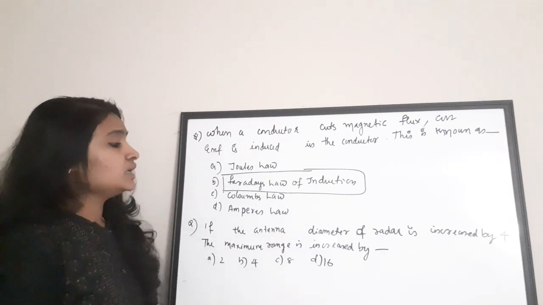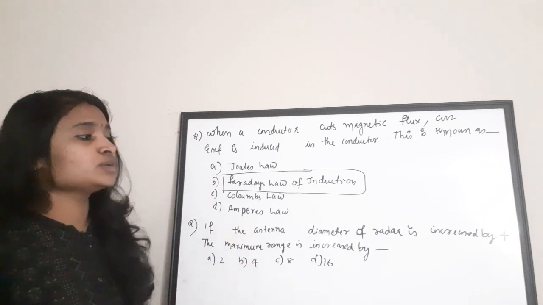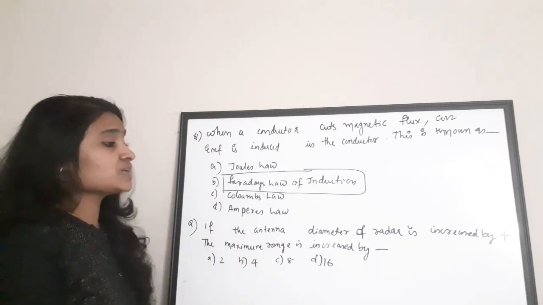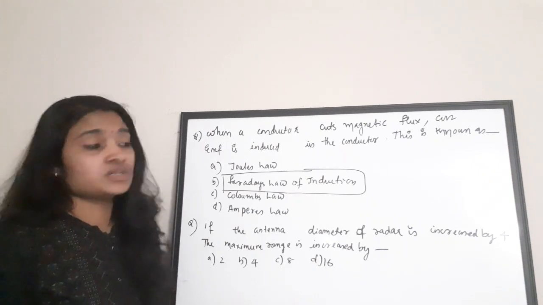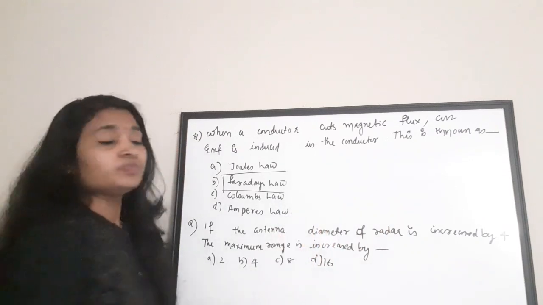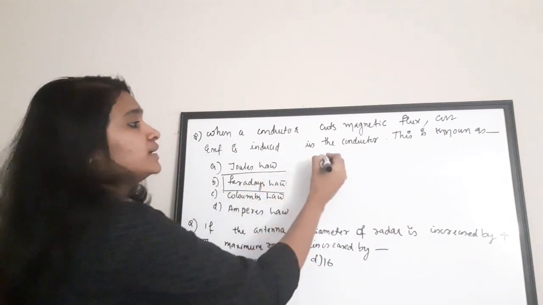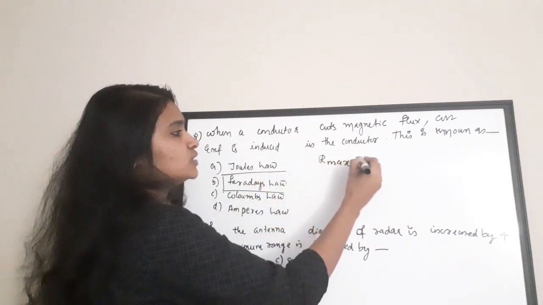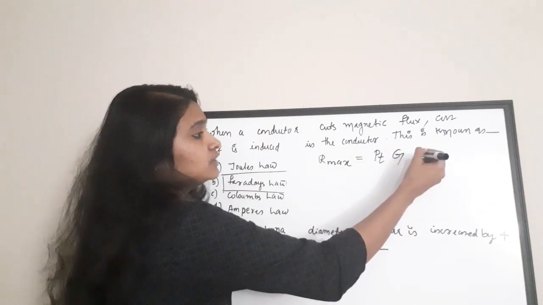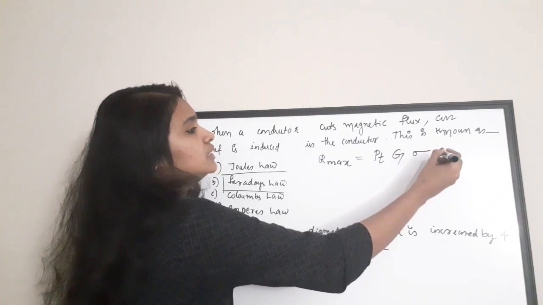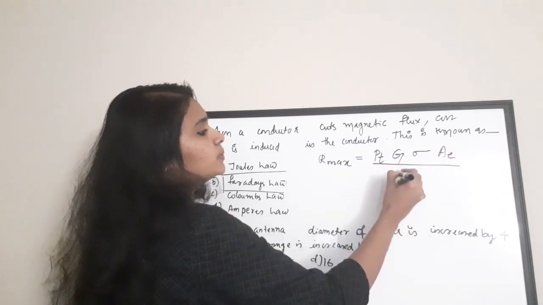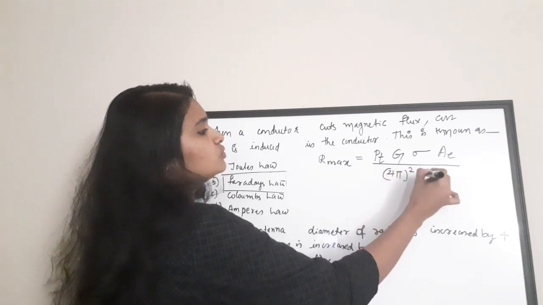Next question. If the antenna diameter of a radar is increased by 4, the maximum range is increased by dash. In order to answer this question, you should write the equation for the maximum range. That is, R max is equal to PT, transmitted power, into G, gain, into sigma, into AE, divided by 4 pi square into S minimum.